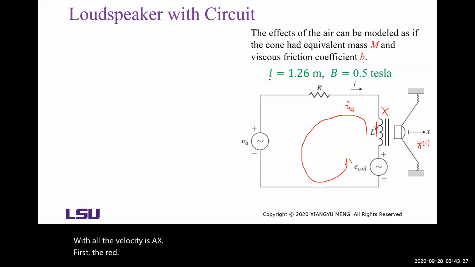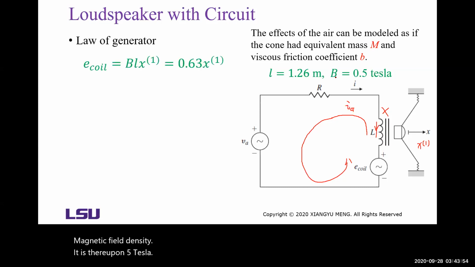Then L, the length of the coil, is 1.26 meter. Then B, magnetic field density, is 0.5 Tesla. Then we have the voltage of the coil is B times L times velocity. That will be 0.63 times velocity.